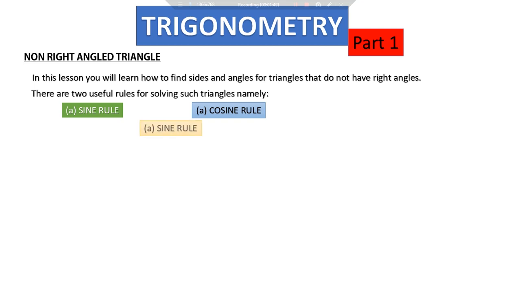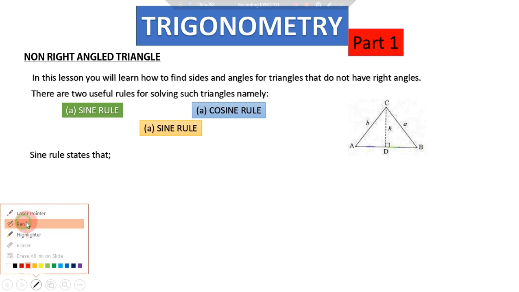So rule number 1, we'll look at the sine rule. The sine rule states that, let us take for instance this triangle that you are seeing on your right hand side. The capital letters represent angles. Always remember that.